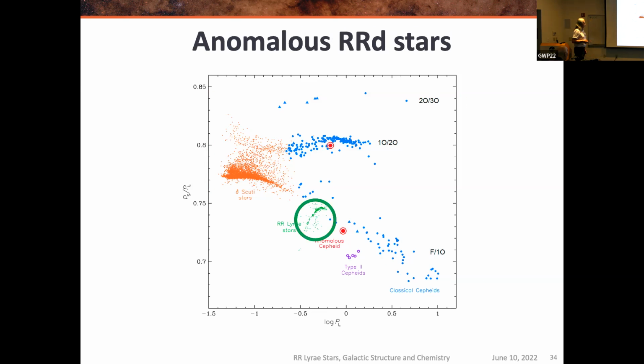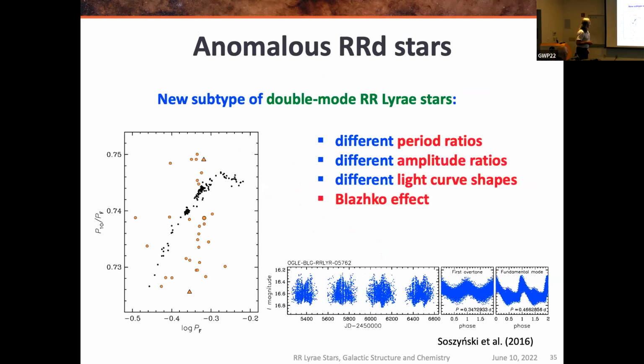Let's start with RR Lyrae stars, because we identified a new subtype of double mode RR Lyrae stars. We called it anomalous RRd stars. These are these yellow points here in the Petersen diagram. As you can see, they avoid the sequence for classical RRd stars, these black points.